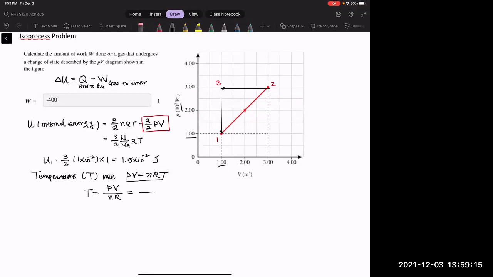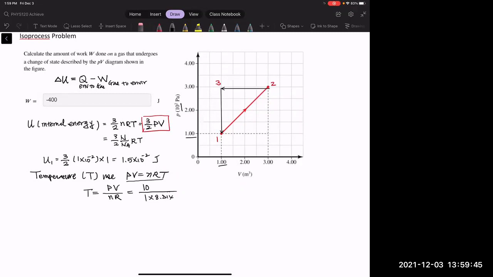What is n? If n is 1 mole, then n is 1. And R is 8.314, I think. It depends on what unit you are using, then you have a different value for R. On the top one, you just simply multiply P and V. Again, it's going to be the same as the previous one.